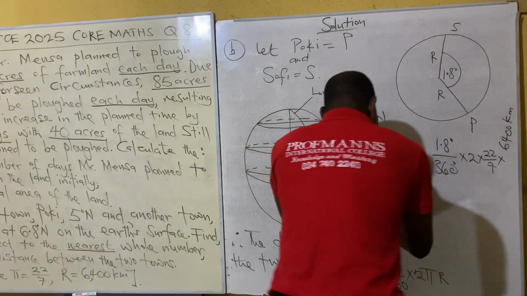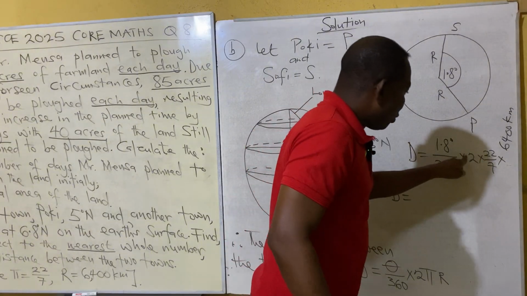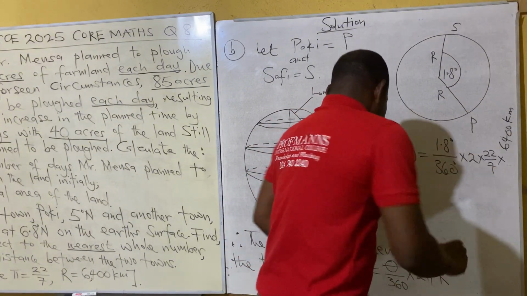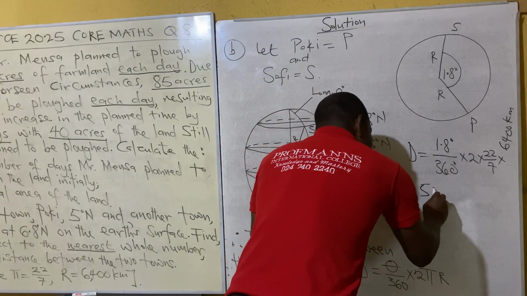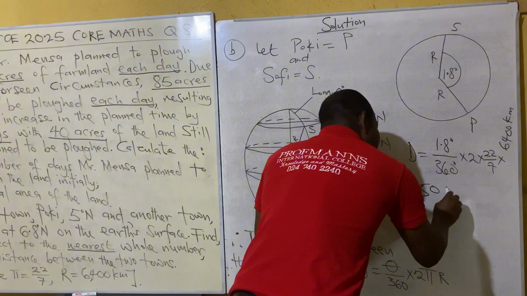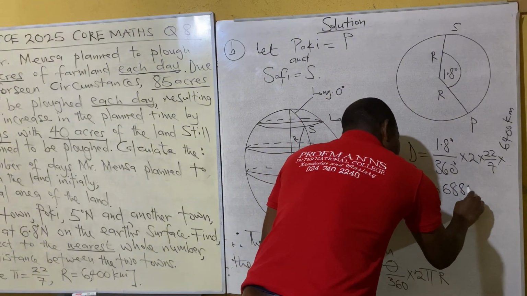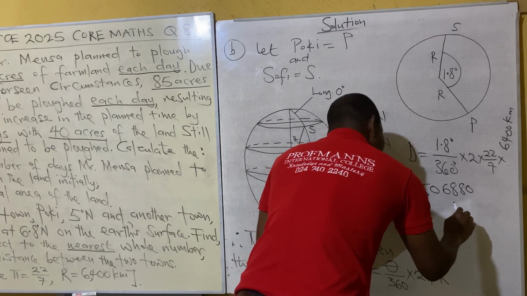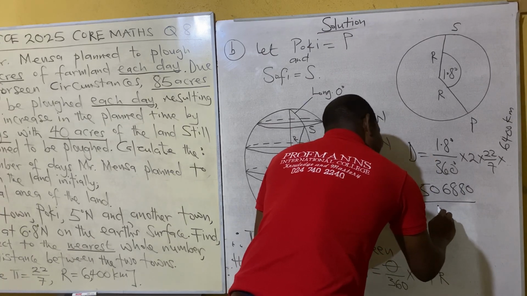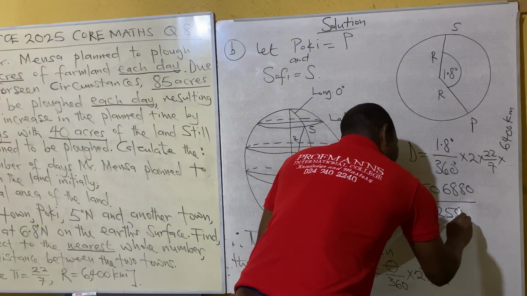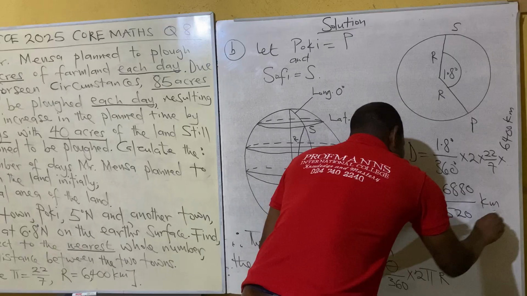So it is this times that times that. So we have D is equal to, now when we multiply the numerators, we are going to get 506880 over, when we multiply this by that, it gives us 2520 kilometers.